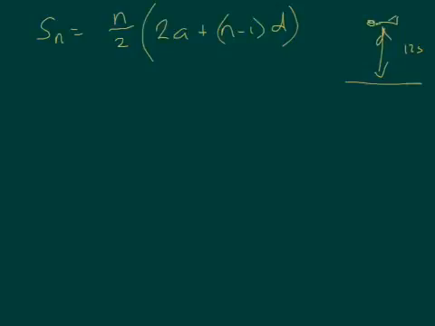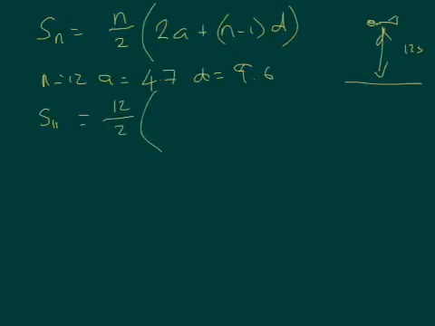So we're going to plug in our bits of information. We know that n equals 12, a equals 4.7, and d equals 9.6. So we just plug this information into the equation. The partial sum after 12 seconds is going to equal 12 over 2 times 2 times 4.7, which is 9.4, plus 12 minus 1 times 9.6.